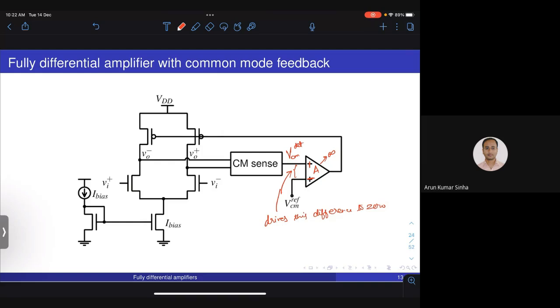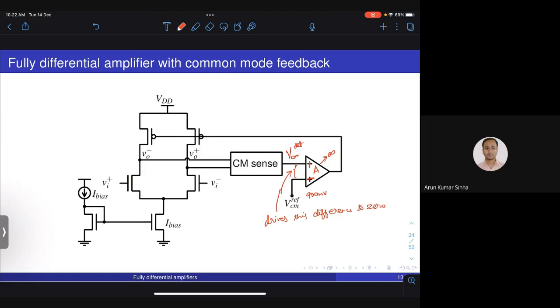That gain in this particular circuit is not very crucial. If you have a gain of 100, you will have an error of 1%. If you have a gain of 10, you will have an error of 10%. Let us say your VCM ref is supposed to be 900 millivolts.